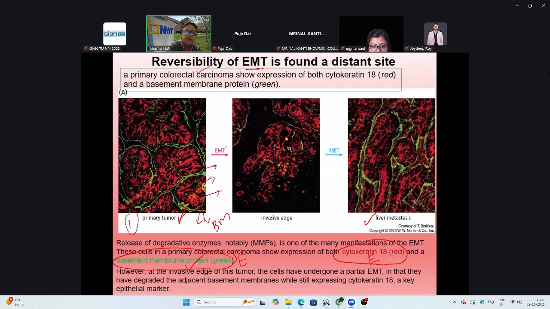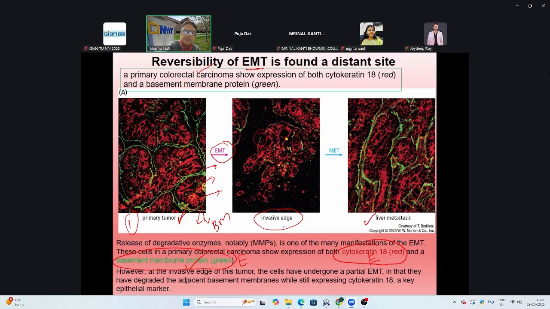Over time, they are looking at a different tissue or nearby tissue, and it has undergone EMT, epithelial mesenchymal transition. The same tumor cells at the edge of that tumor, they stained it, and at the edge of the tumor there is no more basement membrane. There's no green. Look at that. The basement membrane has been broken down.